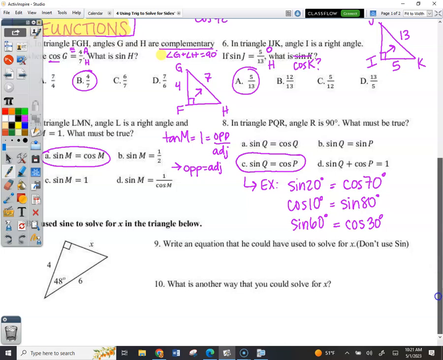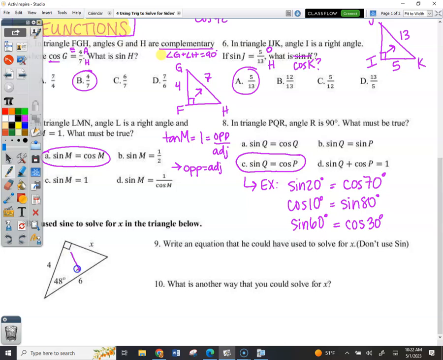All right. Come down here to the bottom. Write an equation that you could use to solve for x. And now I specifically said, don't use sine. What equation could I use to solve for x here? Pythagorean theorem. Let's refresh you on the Pythagorean theorem because it's been a day.